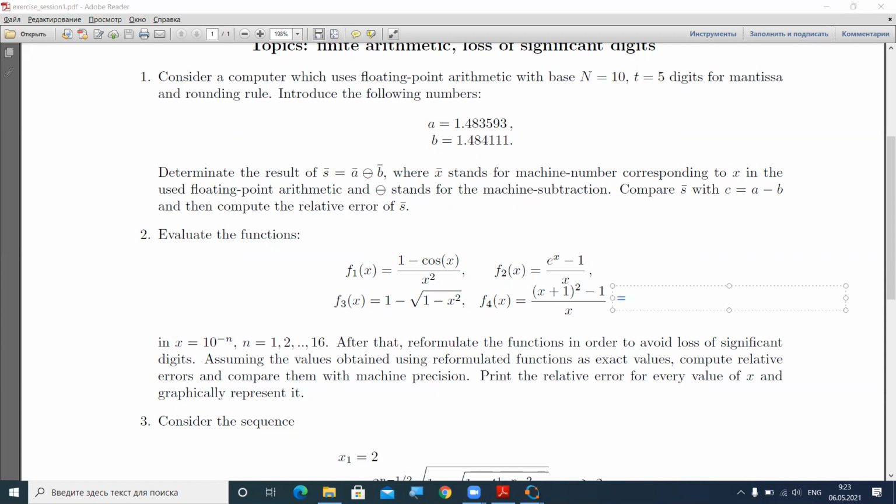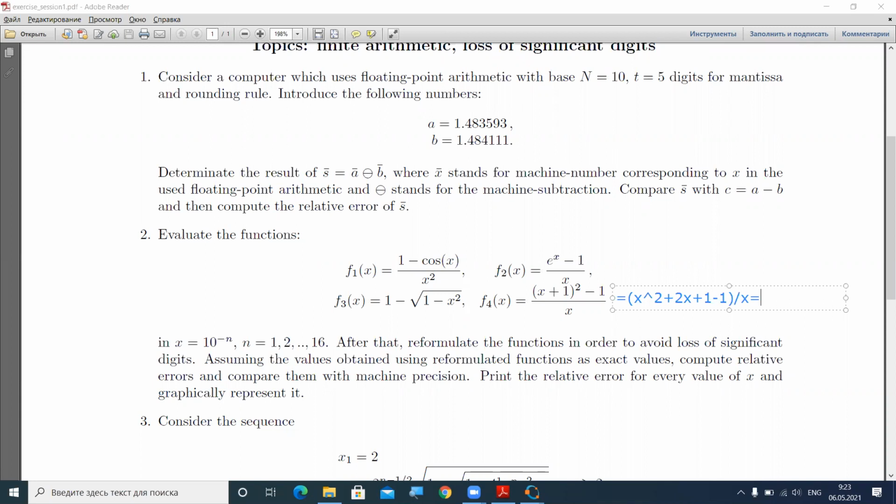If you open, we have x squared plus 2x minus 1, plus 1 and minus 1 here. They are cancelled over x here.